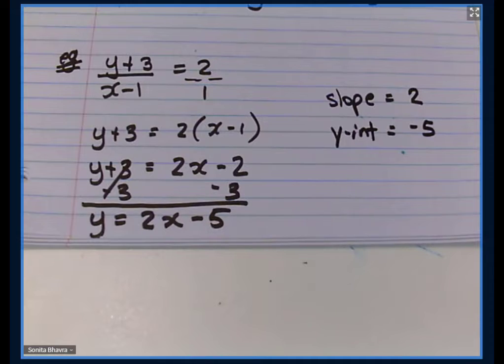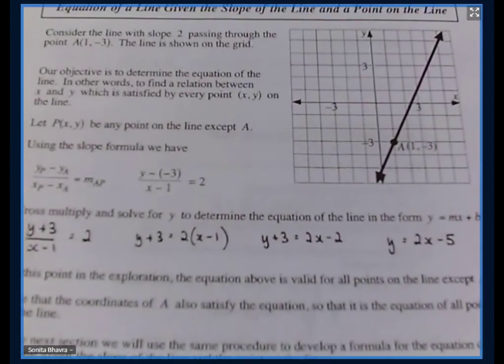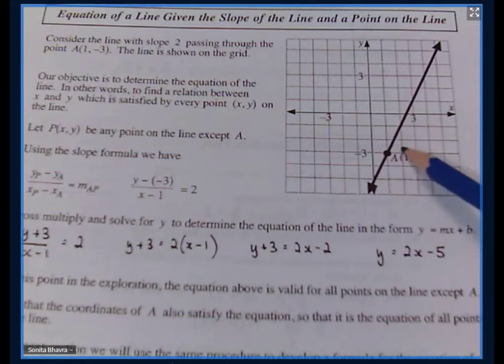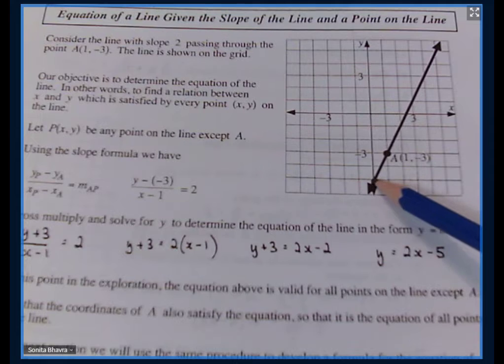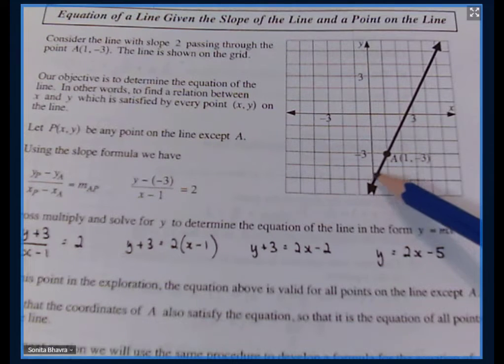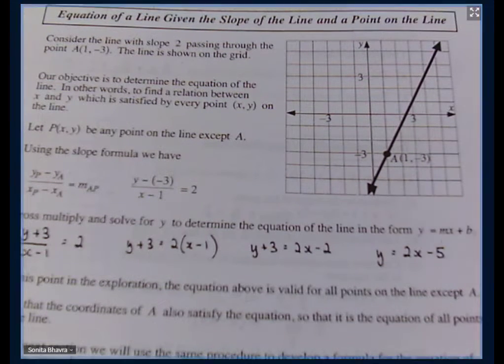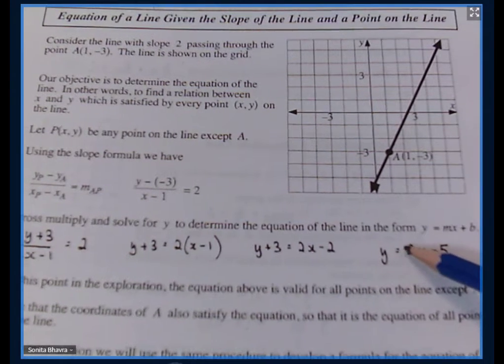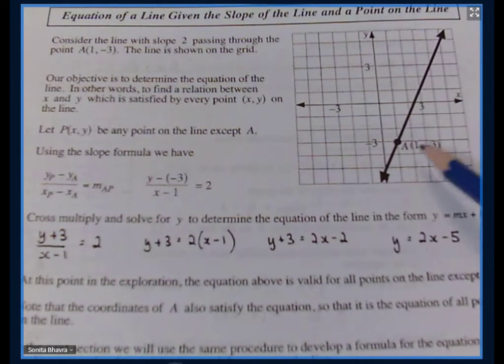So if I bring this graph back, show that graph again here, the slope is positive 2, and the graph is going through the y-axis at -5. All right, so this equation, which we got just from knowing slope and a point on the line.